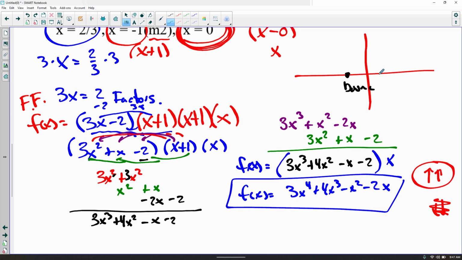We know here we have 2/3. Here we're going to cross at 0, 0. We're going up, up. So you could actually graph this, and it would look something like that. If you want to make it more pronounced, it comes down here, it bounces, passes through, passes through.